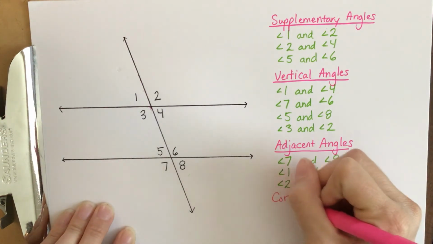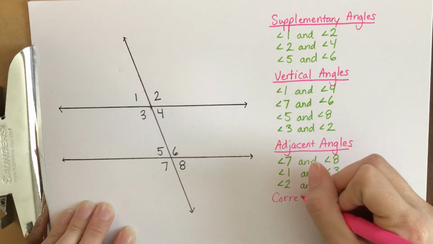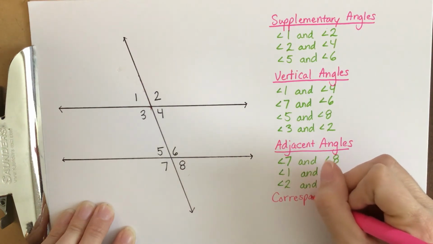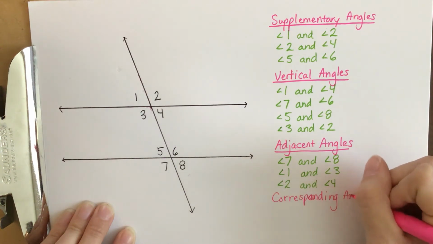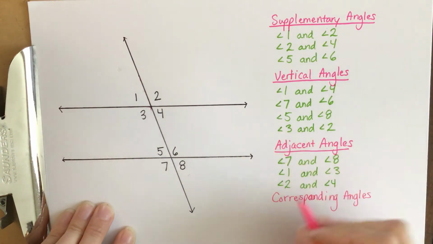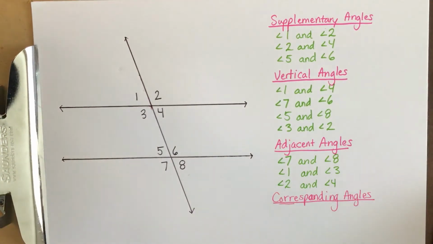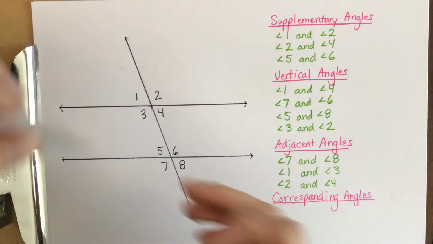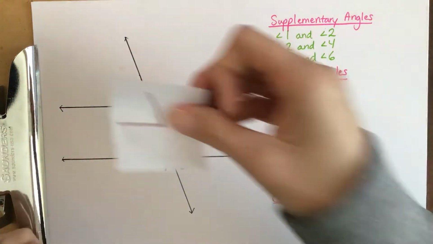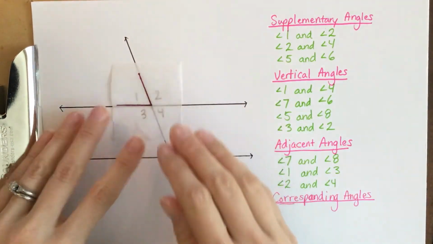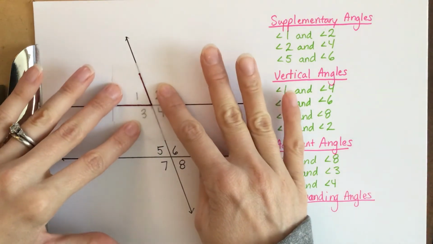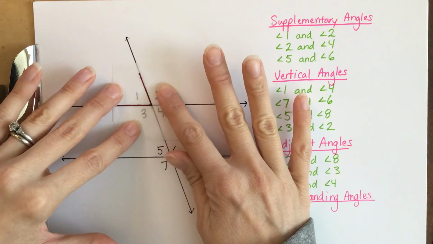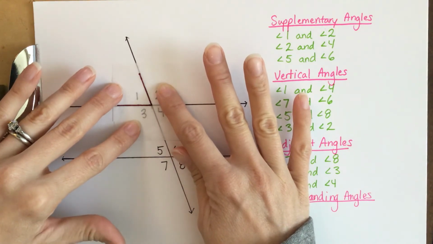So then the last thing that we're going to go over is the new one that you've never heard before, and that is corresponding angles. Okay, so corresponding angles. Now I'm going to use this tissue paper again. So here's angle 1. The angle that's corresponding to angle 1 is the angle that's exactly the same in the same location on the other parallel line.